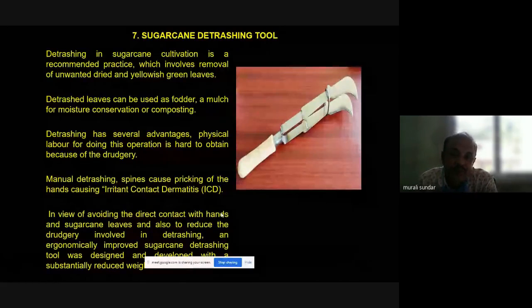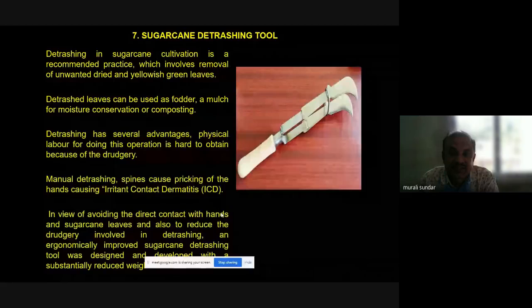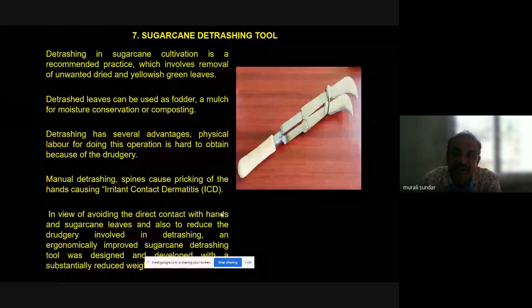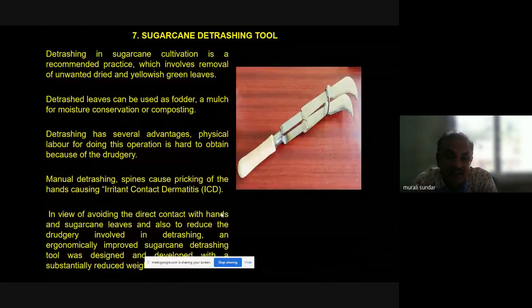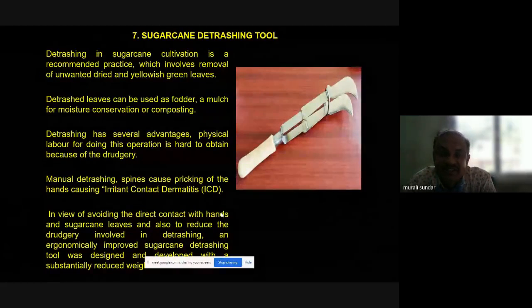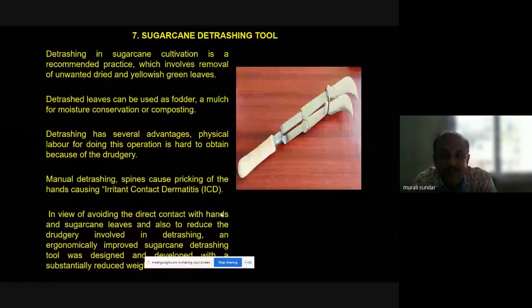They have already started producing the dethrashing knife, and it is having quite a good market response from different parts of the country, because this device can be used comfortably not only for sugarcane, but for any thrash removal. And the main advantage of this dethrashing tool is the weight of the device. This weight is comparatively lesser and easy to handle.